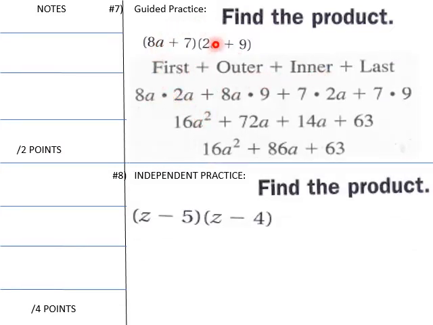So 8a times 2a plus 8a times 9 plus 7 times 2a plus 7 times 9, and this is 16a squared, plus 8a times 9 would be 72a, plus 7 times 2a would be 14a, plus 7 times 9 would be 63. We're going to combine like terms now.